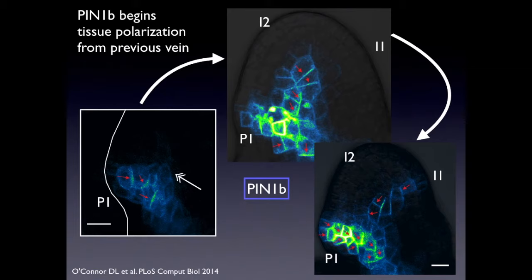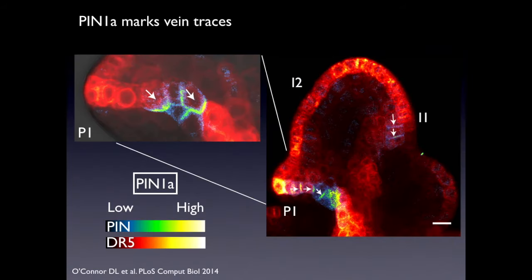The polarization here tends to be away from the auxin maxima. And pin 1A is kind of the boring one, which I'll neglect for the rest of my talk, because it doesn't really show up at these early stages, and when it does finally show up, it's along the incipient vasculature, oriented away from the maxima over here. So you can see these nice little smiley faces, and it really seems to pattern the incipient vasculature.